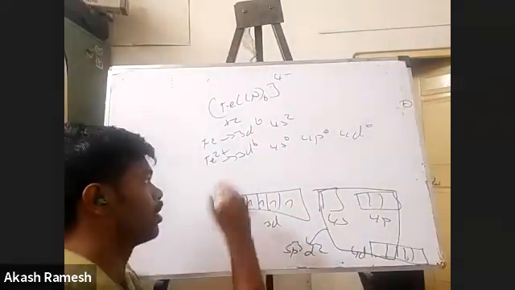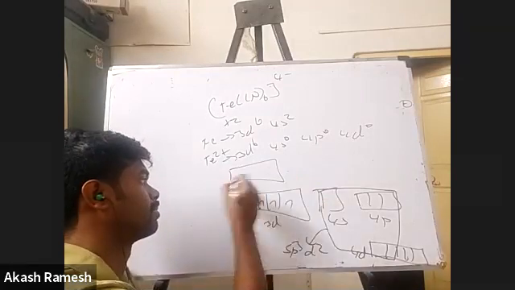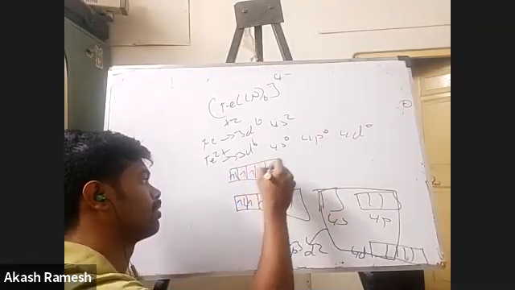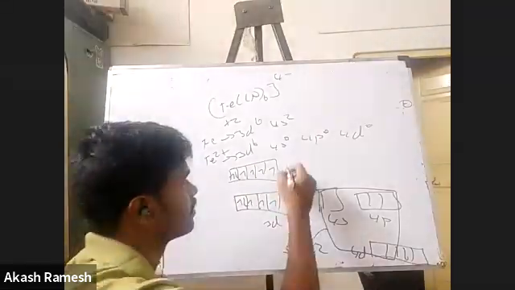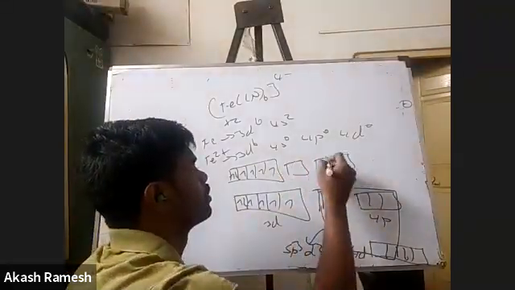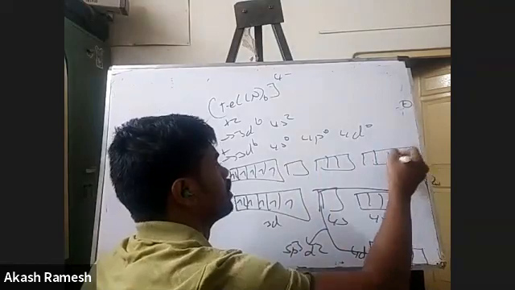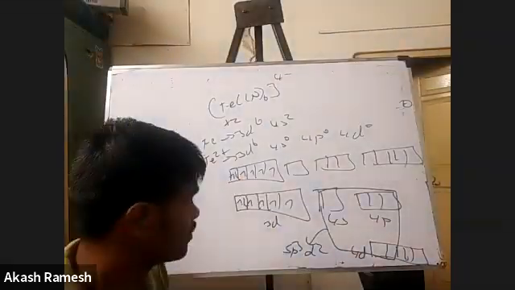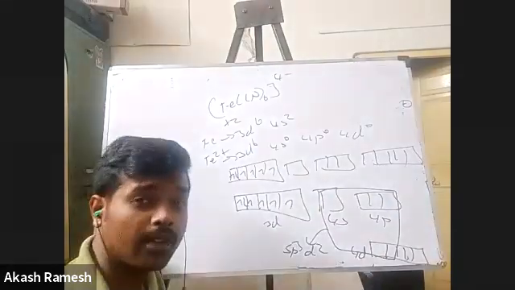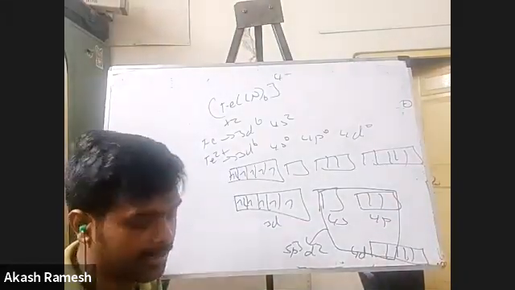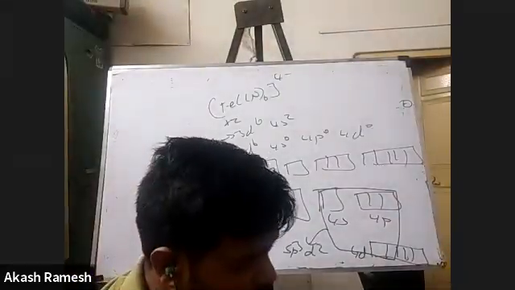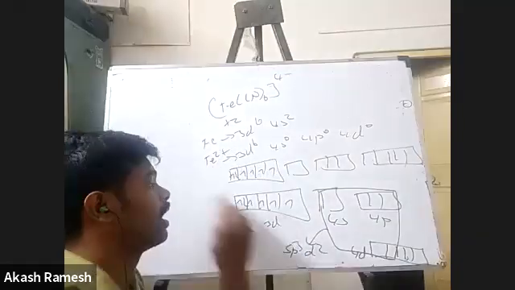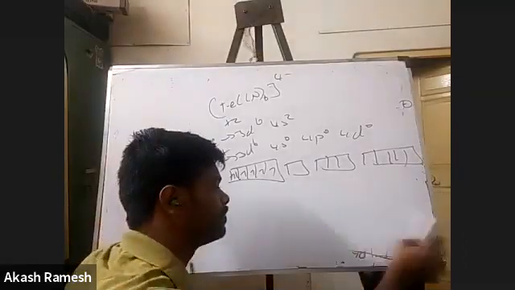Now let me draw the orbitals. 1 2 3 4 5, 1 2 3 4 5 6, 4s0 4p0. Now this will be the case if the ligand is not there, or if the ligand is a weak field ligand. But what I have here is cyanide, which is a strong field ligand.